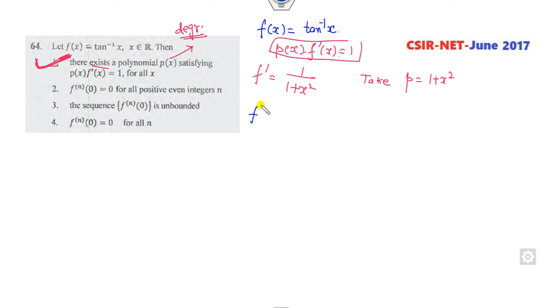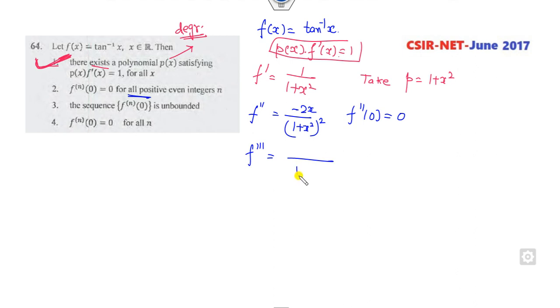Now look at the second, nth derivative. N is even. If I take the second derivative, it is minus 2x over 1 plus x square, and you can see the second derivative at the point 0 is 0. It exists for all. We can check one more. What is the third derivative?